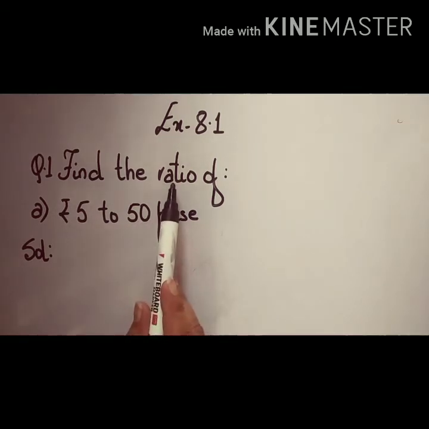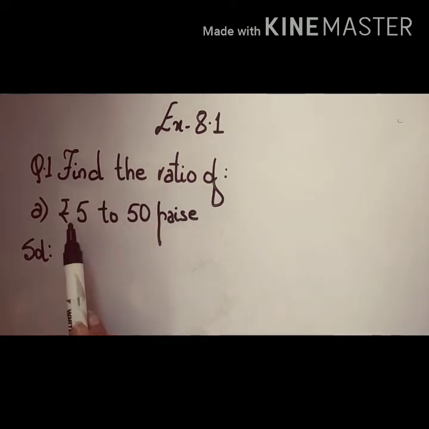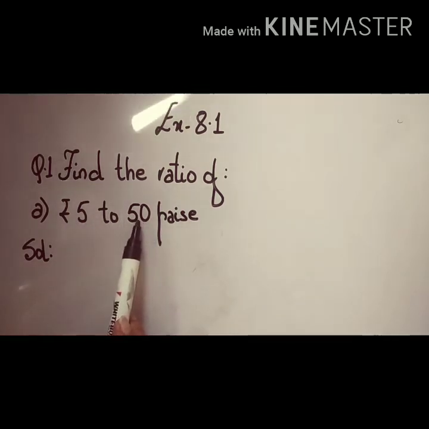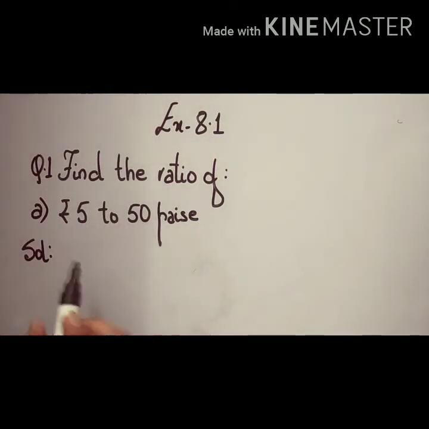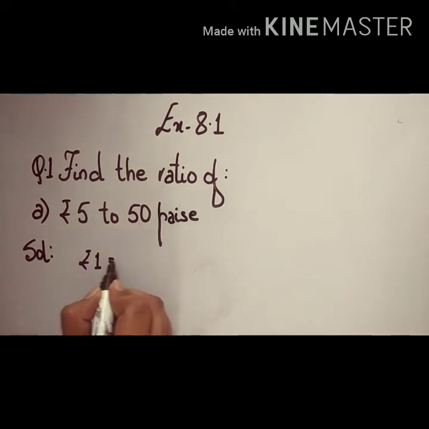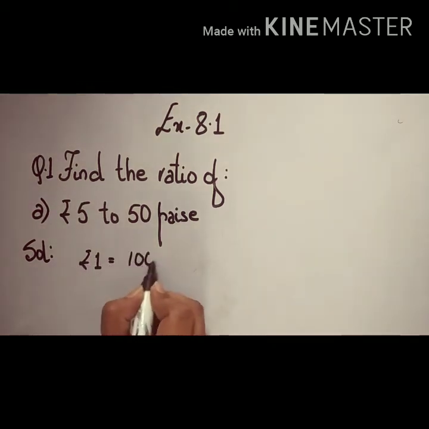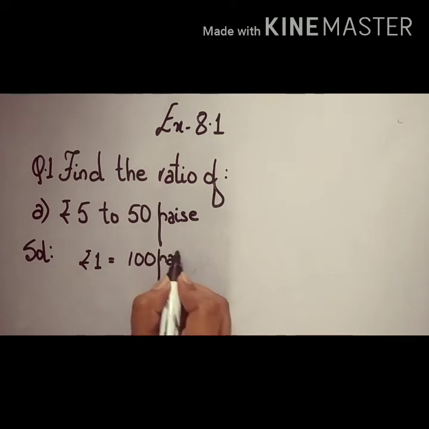Whenever we are calculating the ratio, the most important thing which is to be kept in the mind is the unit of both the quantities should be same. In this case, one is in rupees and the other one is in paisa. So, we will convert the rupees into paisa. You all know that 1 rupee is equals to 100 paisa.